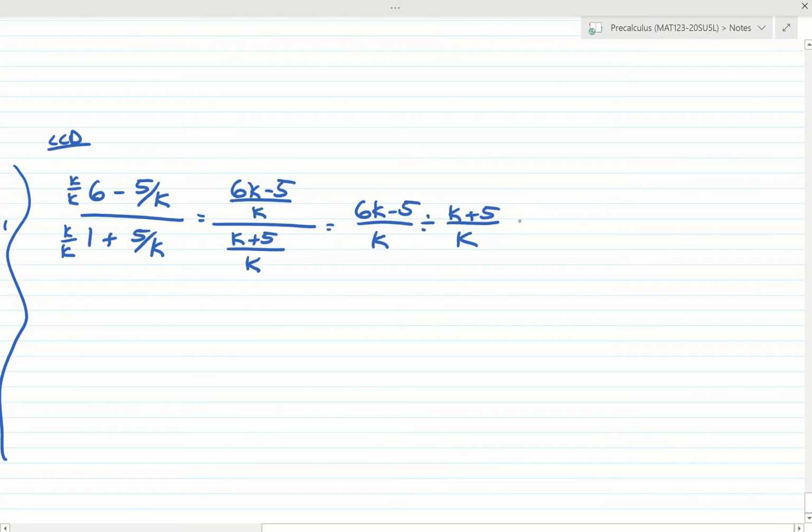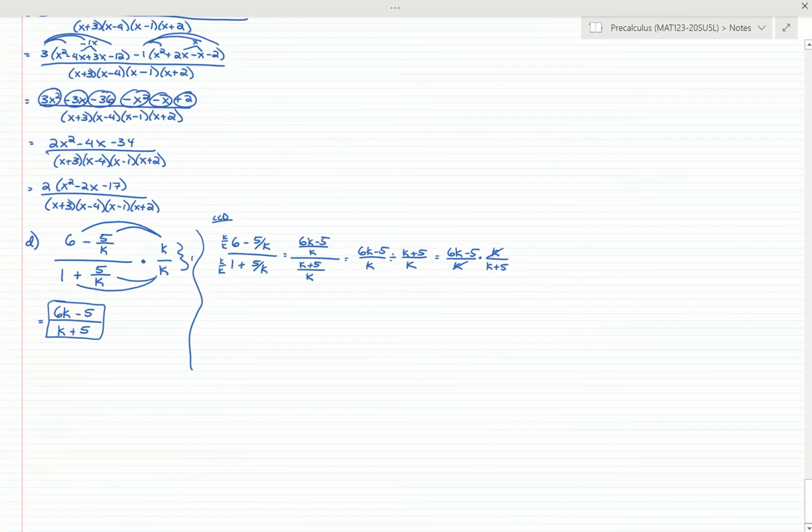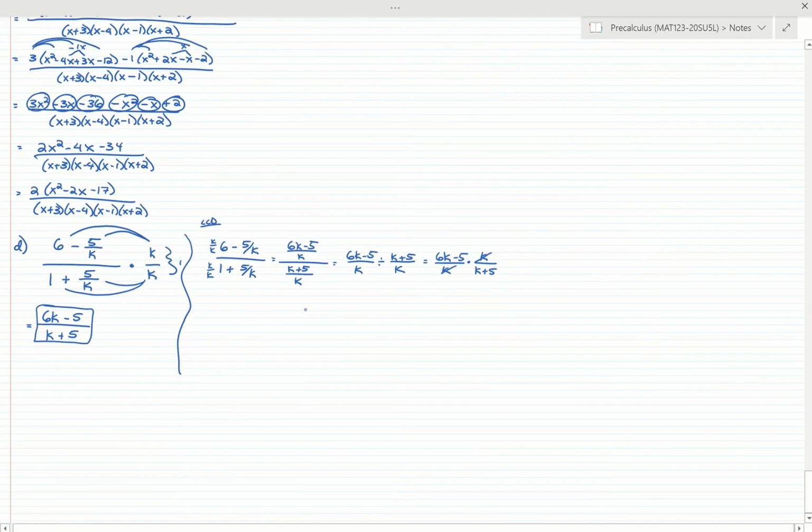We talked about when you divide by a fraction, that's the same thing as multiplying by the reciprocal. These would cancel, giving you the same exact answer we got before, which would be 6k minus 5 over k plus 5. So there's a couple different techniques. You guys decide which way is easier for you.